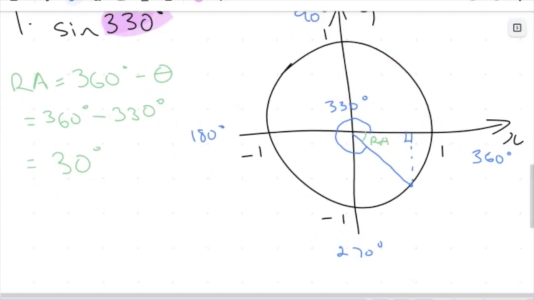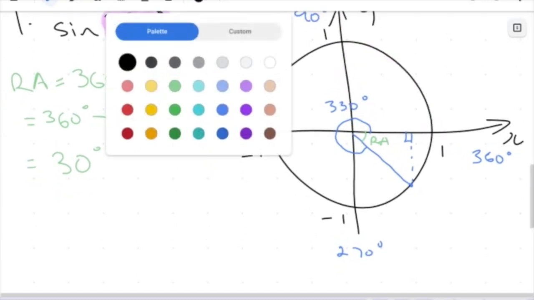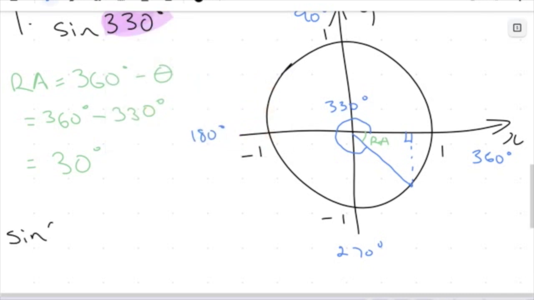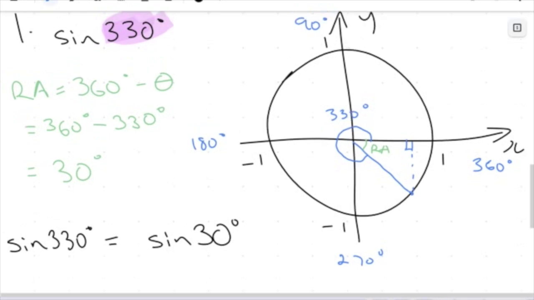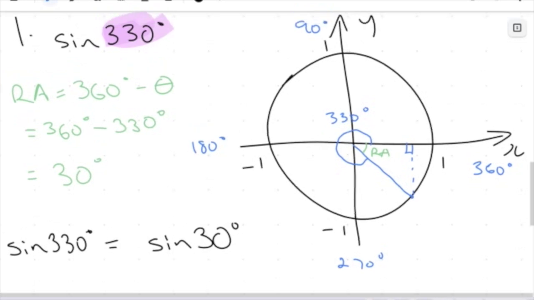So we can say that here, sine of 330 degrees is the same as saying the sine of 30 degrees, but one thing we have to remember is what is the sign, or what I mean by sign is plus or minus, of my sine ratio here.